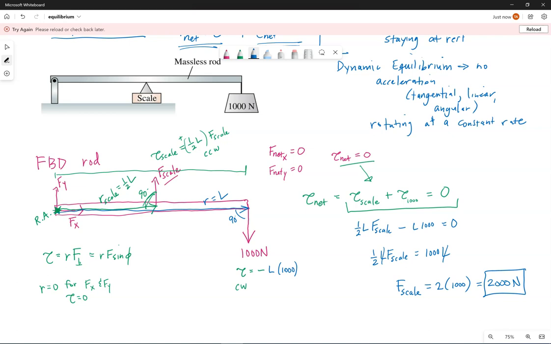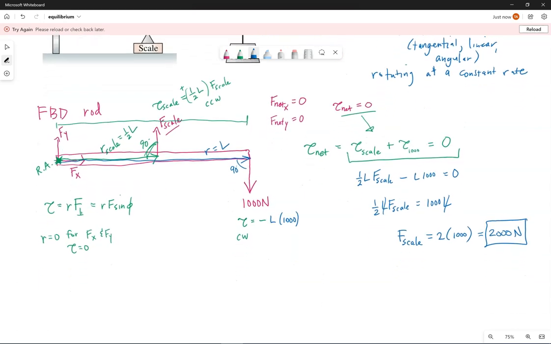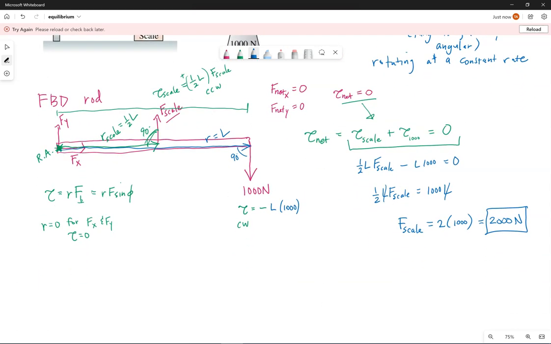Now, recognizing that the scale was closer by half means the force has to be double, so you don't necessarily need to go through the whole setup. Unless, of course, you're not sure, then this setting up the net torque being 0 can help us calculate it. Now, I want to take one step further and come back to these forces and talk about these.